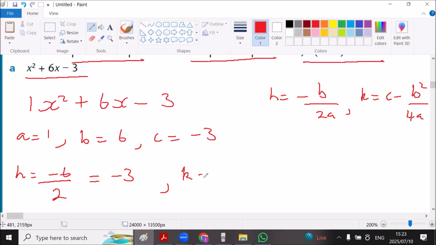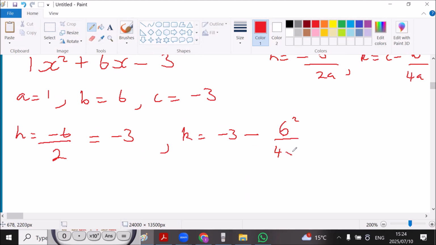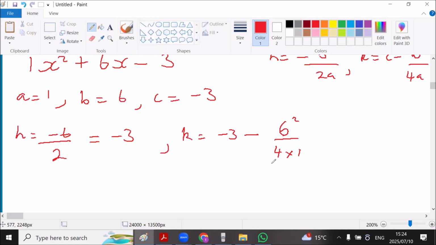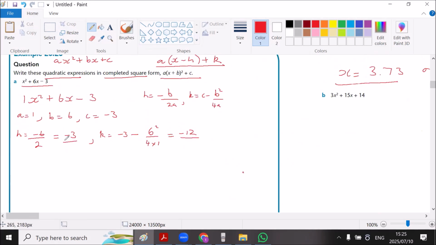Our k here is minus 3 minus 6 squared over 4 times 1, which we can obtain from our calculator as minus 3 minus the fraction of 6 squared over 4 times 1 is 4, which is equal to minus 12.